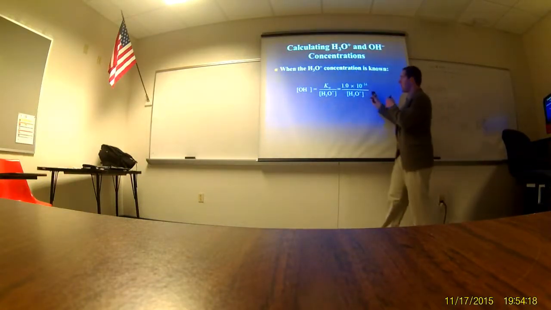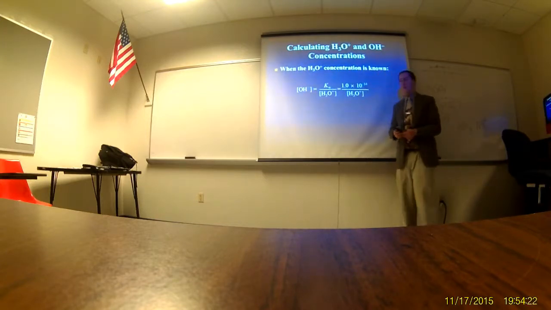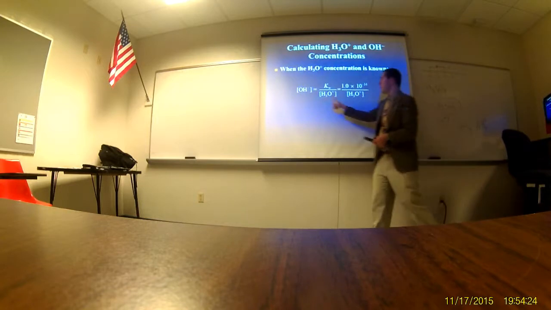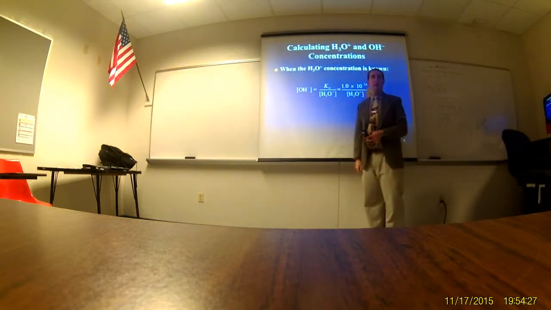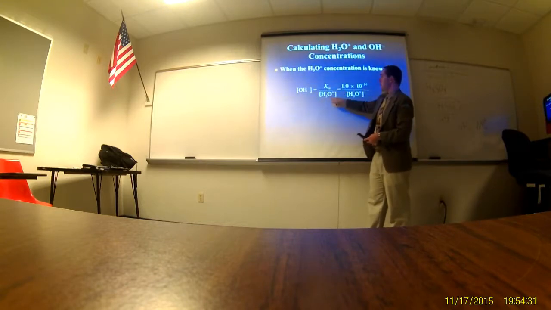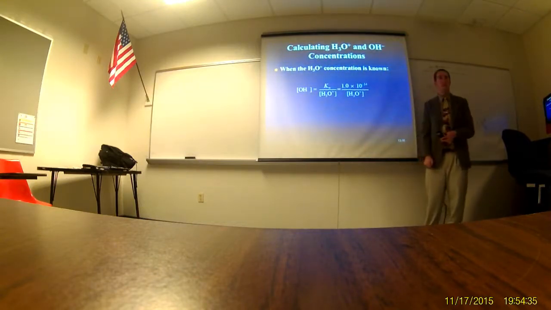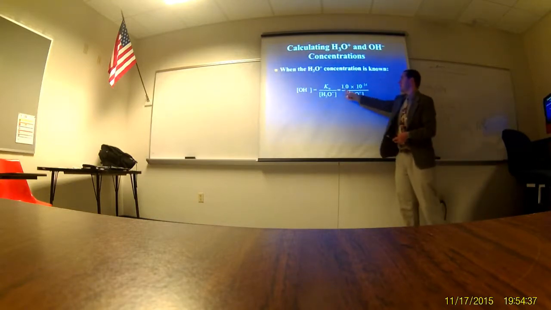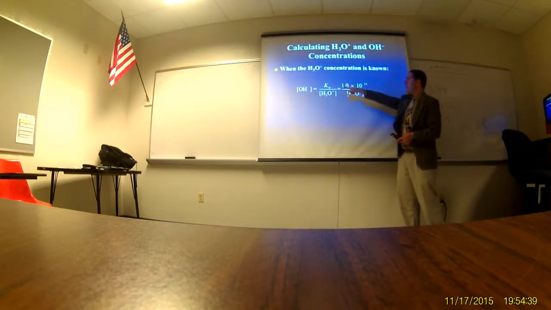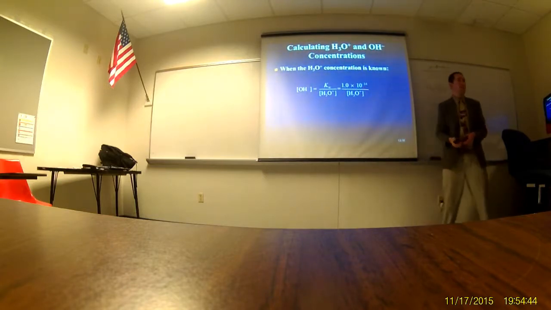So, like I said, if we know one, we can find the other. So if Kw is H3O plus times OH minus, we can solve for OH minus. It's just Kw over H3O plus, right? And so that's a constant. And so OH minus is just a constant divided by the concentration of our acid.